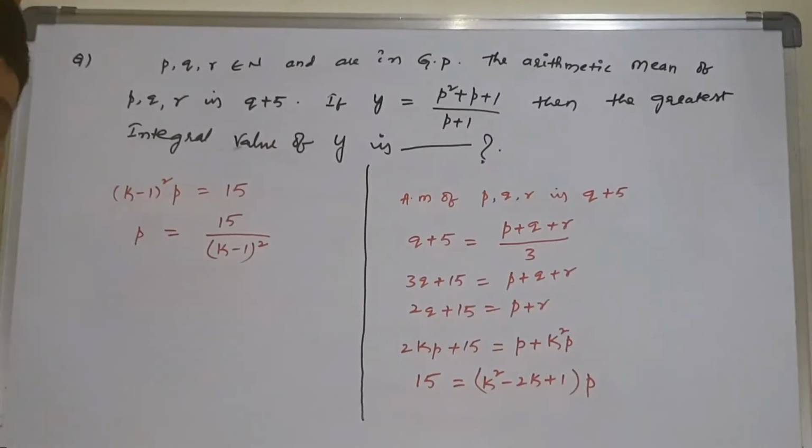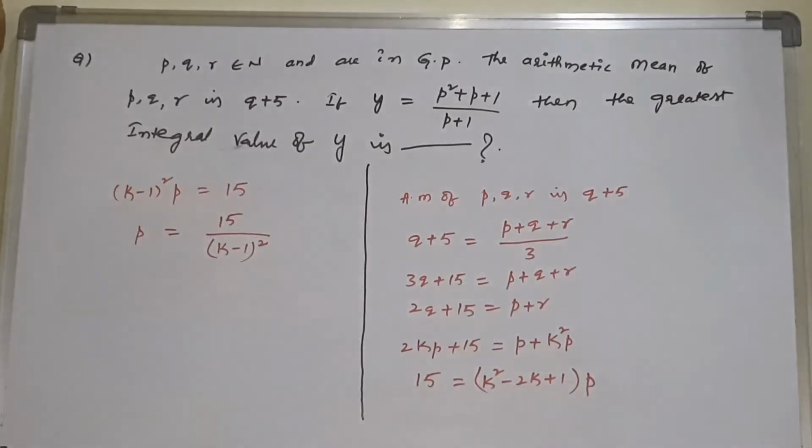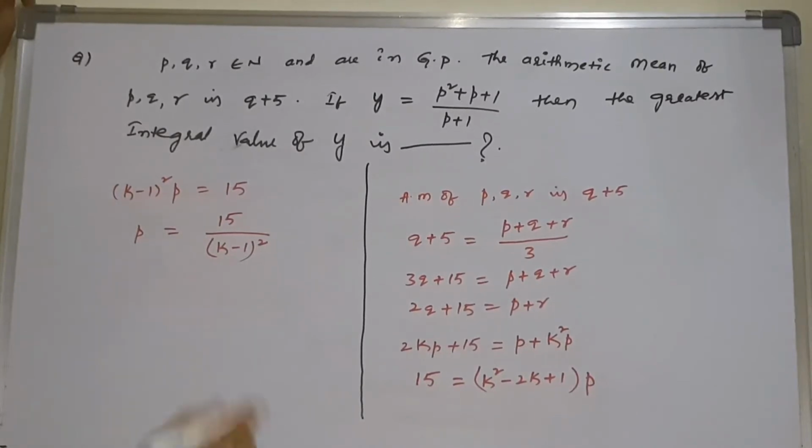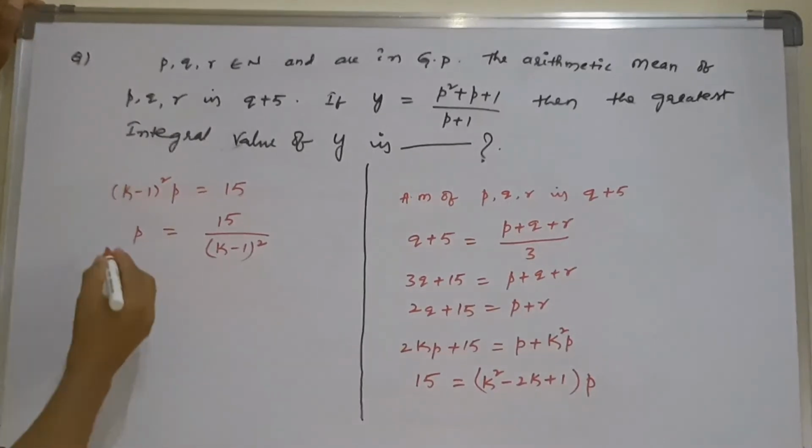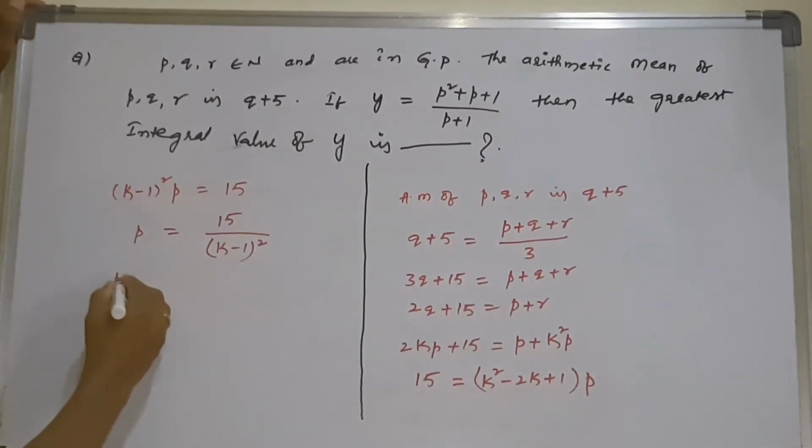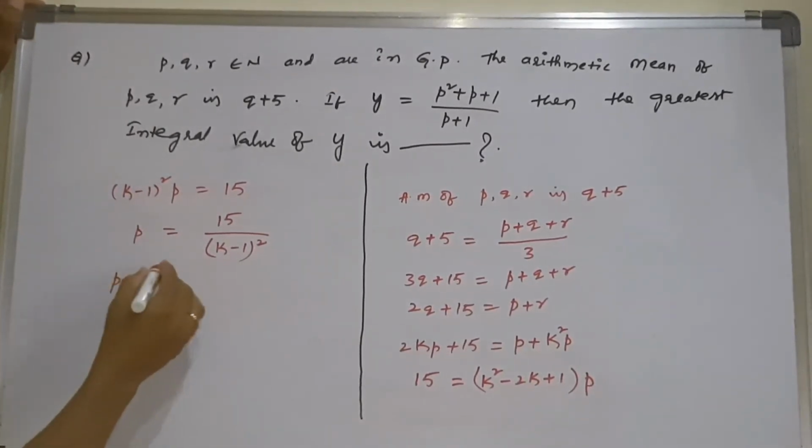Till here everybody is doing very easily. But here P is a natural number, P belongs to natural numbers.